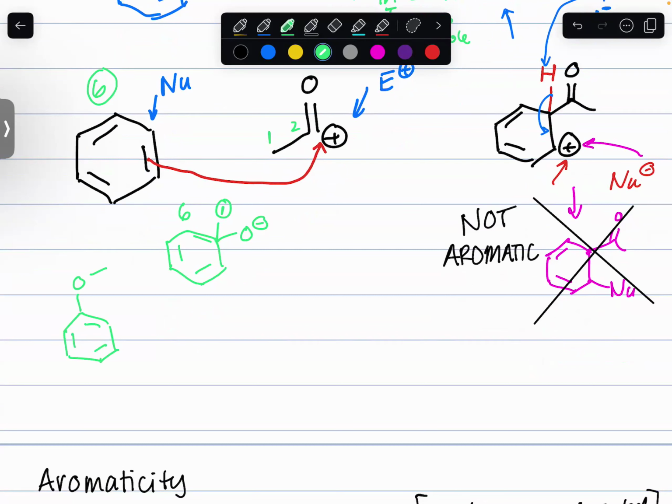That oxygen can push electrons in, and eventually you'd get resonance forms with anions here and here. So there were two possible products from that reaction.